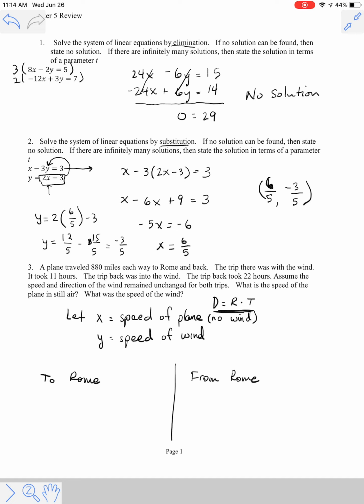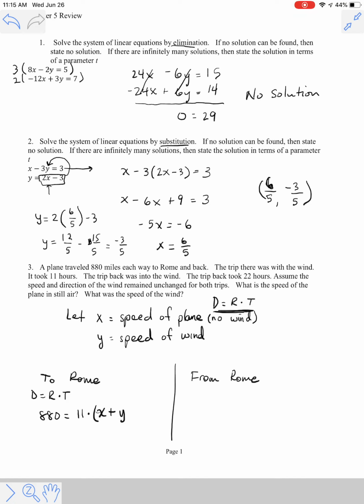So if we do distance equals rate times time for the to Rome trip, the distance was 880 miles, and the time it took was, let's see, 11 hours. But the rate, the speed that the plane traveled, it was with the wind, meaning it had the speed of the plane, which I'm calling x, and it was assisted, the speed of the wind was adding to the speed of the plane because it was traveling with the wind.